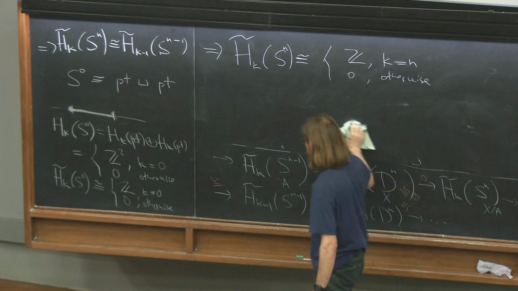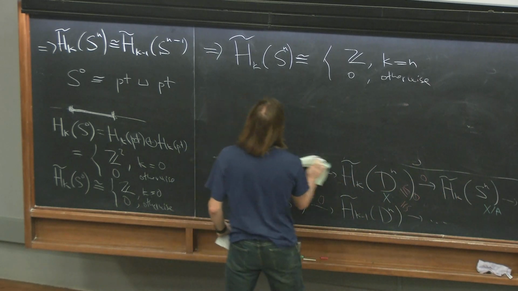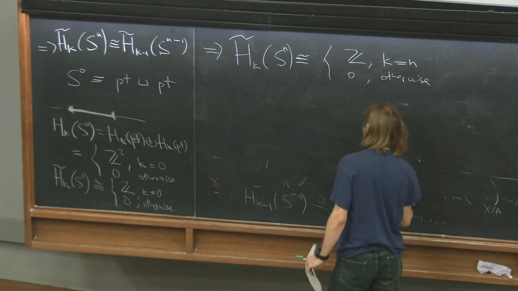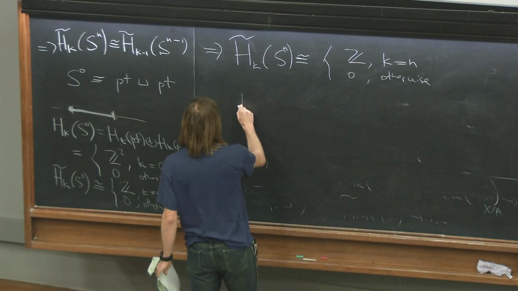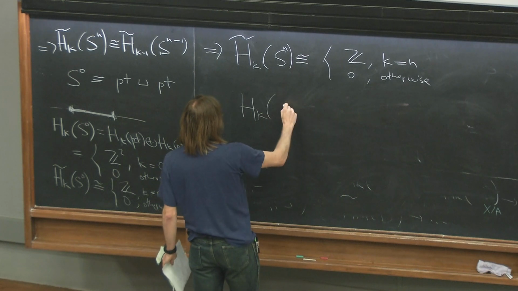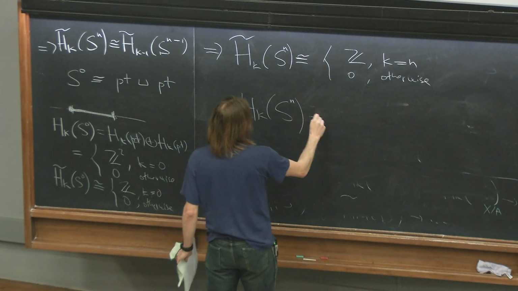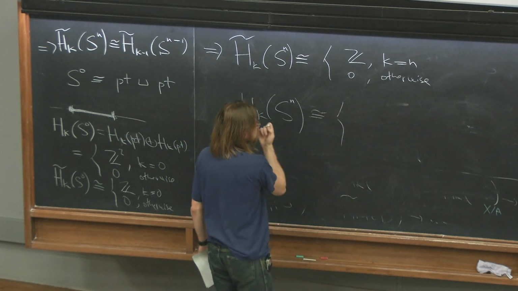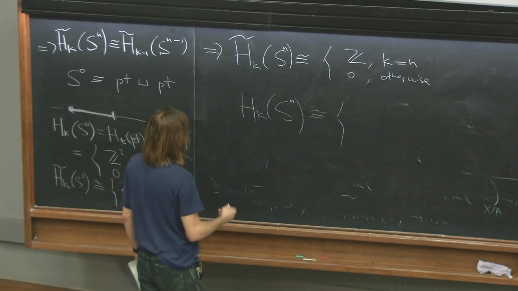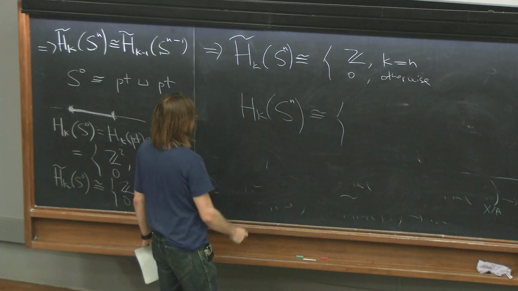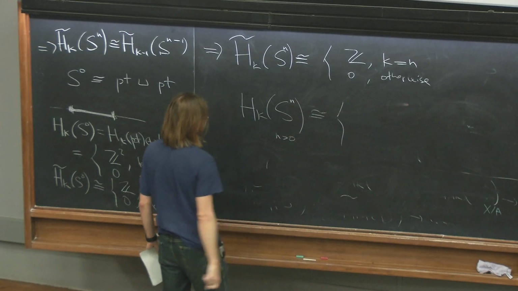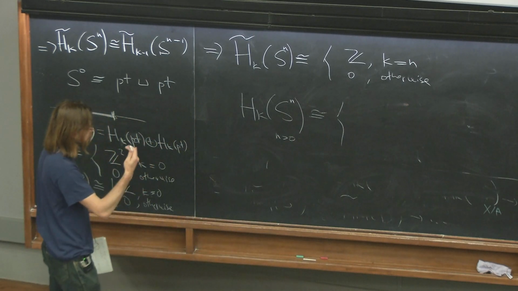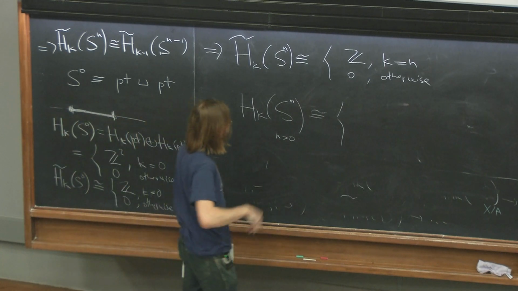Again, these reduced homology groups do not contain any additional information, so this immediately tells you what the unreduced ones are. Suppose this is for n greater than 0, since for S^0 we already know everything.